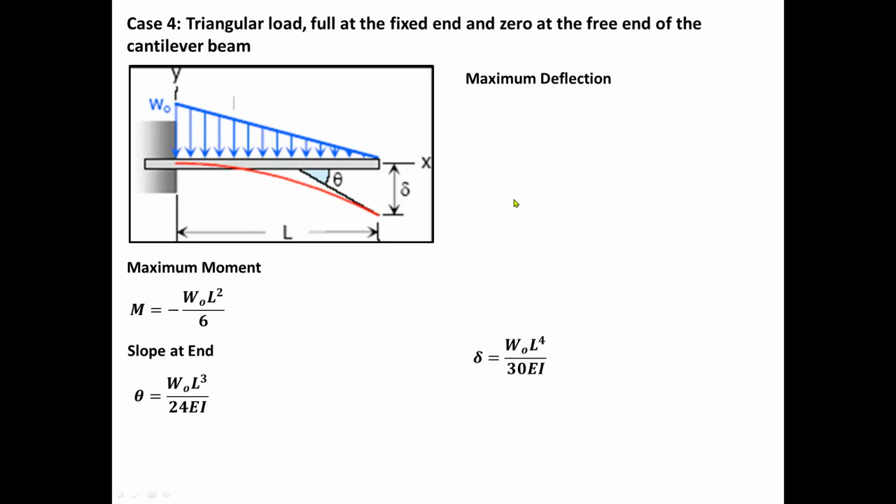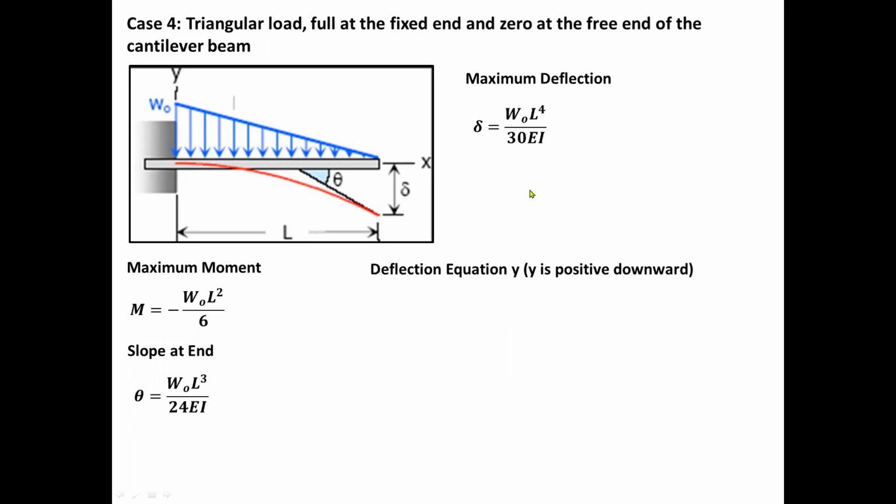For maximum deflection, we have WL to the 4 over 30 EI. Deflection equation y is positive downward and it is our equation. EIy is equals to Wx square over 120L times 10L cube minus 10L square x plus 5Lx square minus x cube.